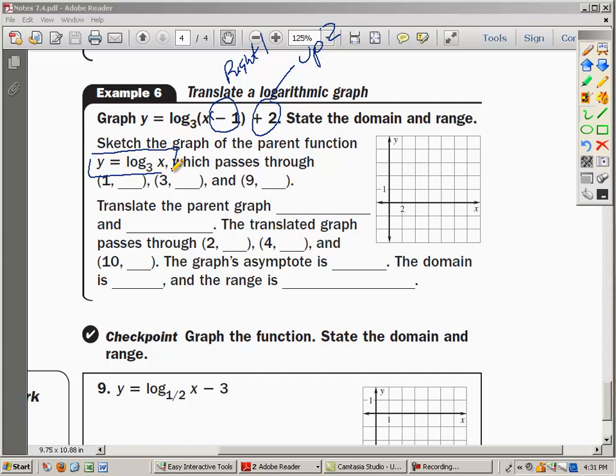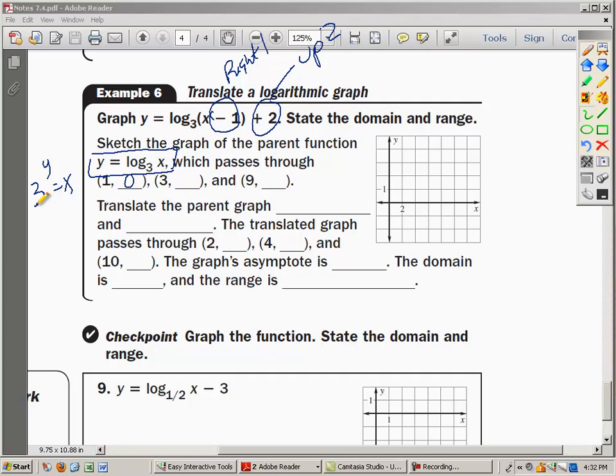Let's start with y equals log base 3 of x, which really says 3 to the y power is equal to x. I'm going to pick values of x like 1, 3, and 9 because those are multiples of 3. So 3 to the 0 power is going to be equal to 1, and so this should be the point 1, 0.